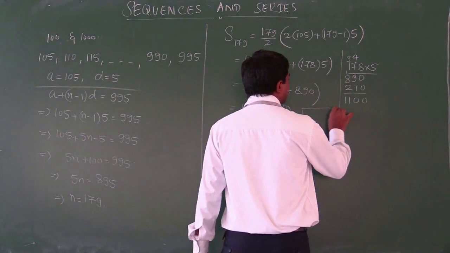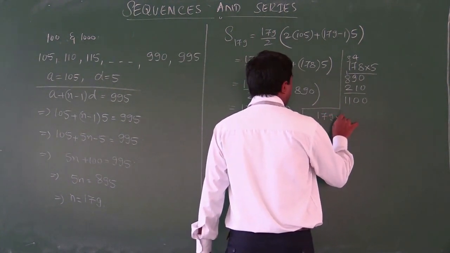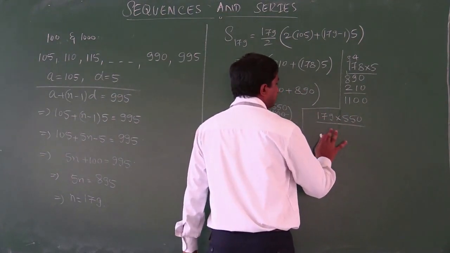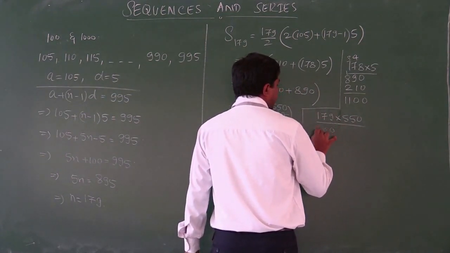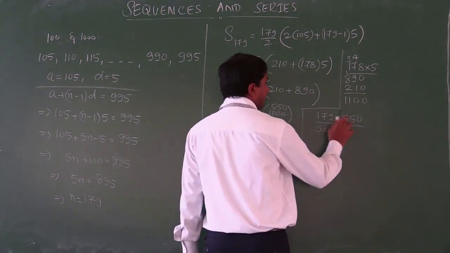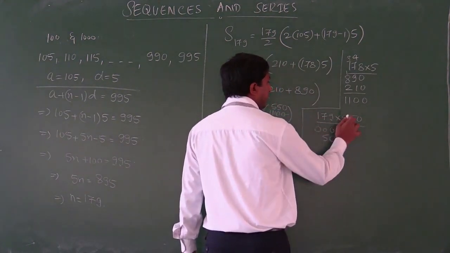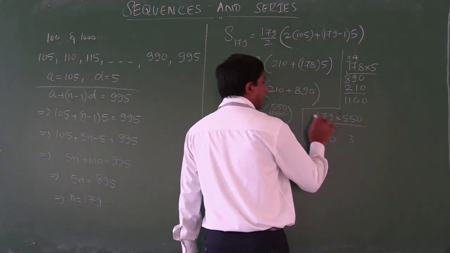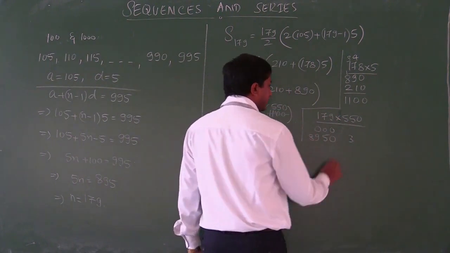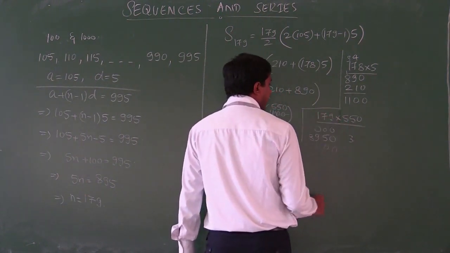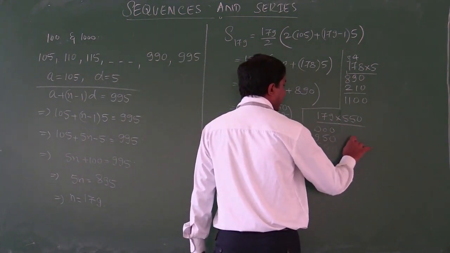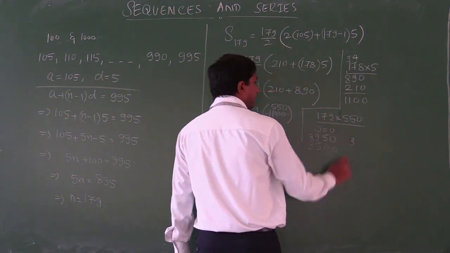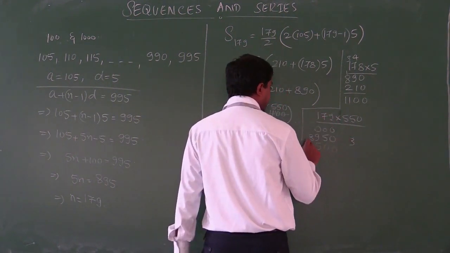We'll do it now. 179 into 550 gives us 0, 0, 0. 5 9s are 45, 5 7s are 35, 39, 5 1s are 5, 3, 8. We'll put 2 more zeros. 5 9s are 45, 5 7s are 35, 39, 5 1s are 5 plus 3, 8.